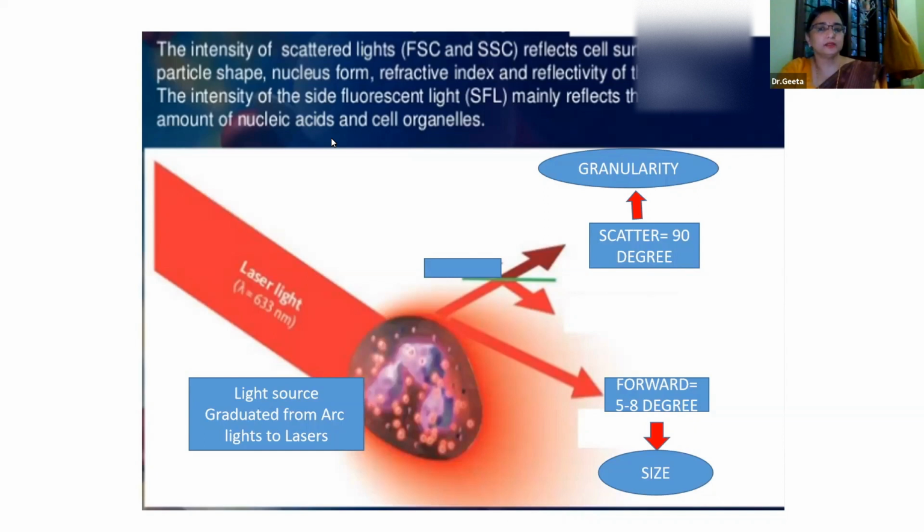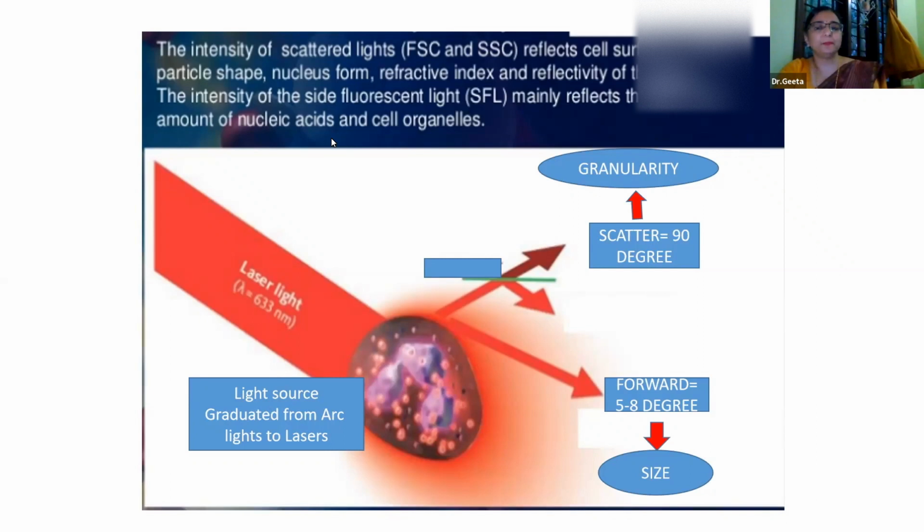These were the two main scatters which were recorded. The forward scatter being proportional to the diameter or size of the particle or the cell is usually measured between 8 to 10 degrees in most of the flow cytometers, whereas the side scatter is measured at 90 degrees.